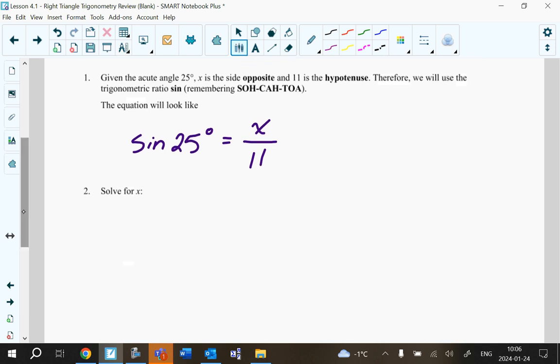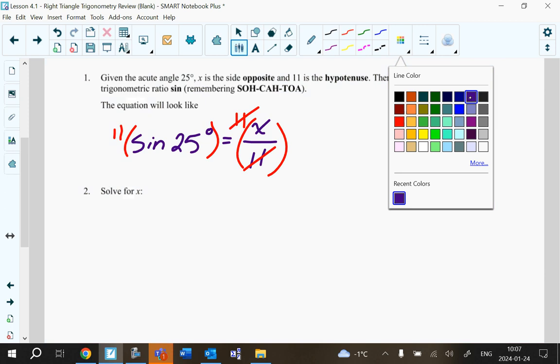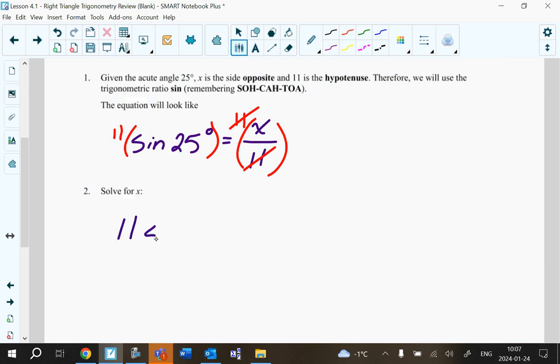And we've been solving fraction equations for the last couple of years. The first thing we want to do is get rid of the fraction. How would I get rid of the fraction here? Times everything by 11, both sides. Times 11 and divide 11 will cancel each other out on that side. So I will be left with 11 times the sine of 25 degrees is equal to x. And of course, when we solve equations, we want the variable by itself, which it is. How are we going to find x?